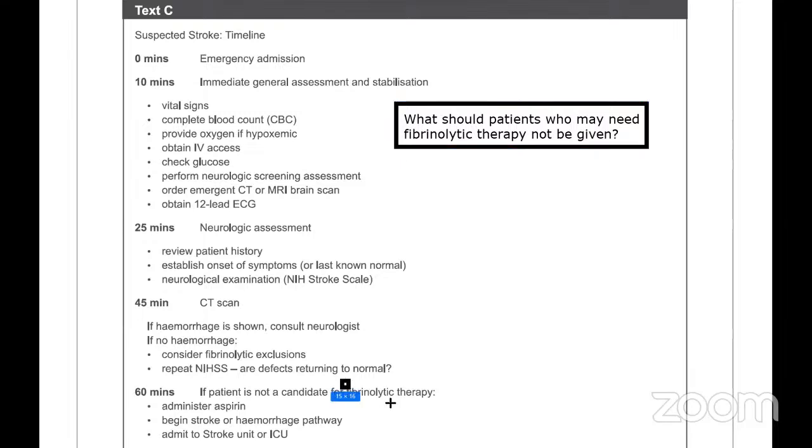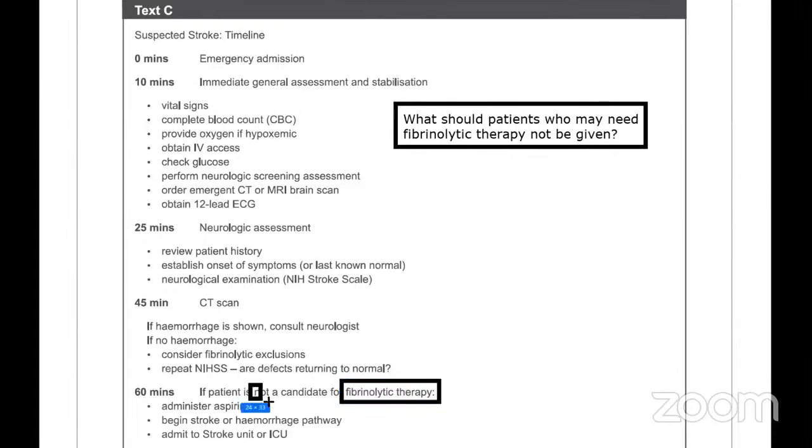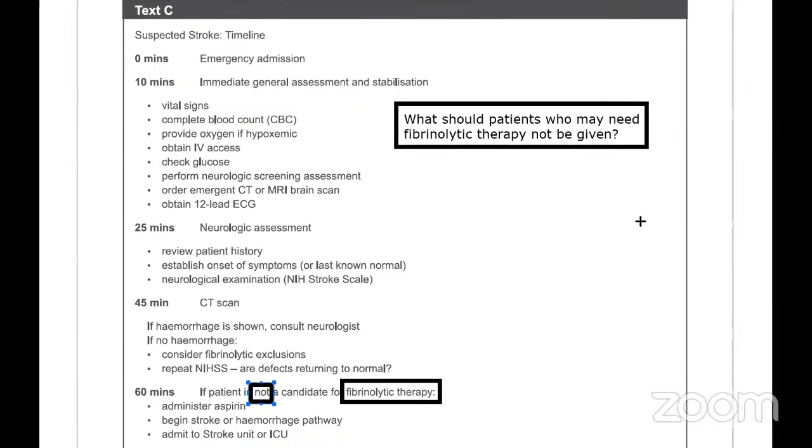Lytic therapy is here. If a patient is not a candidate for fibrinolytic therapy, then aspirin should be given. If not a candidate for fibrinolytic therapy, then you have to administer aspirin.